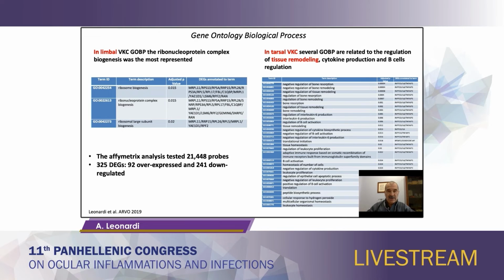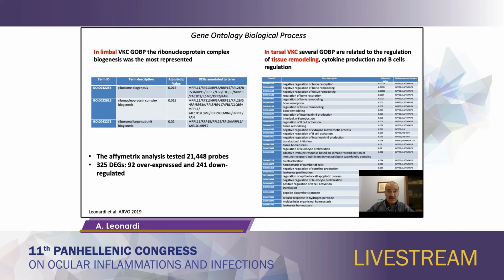Doing another gene expression analysis using the Affymetrix technology, looking at a high number of genes, we can see, and these are not published data, that in limbal VKC, the most expressed gene ontology biological processes were related to ribonucleoprotein complex biogenesis.